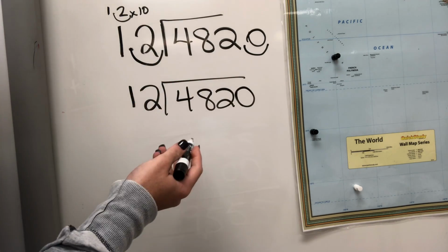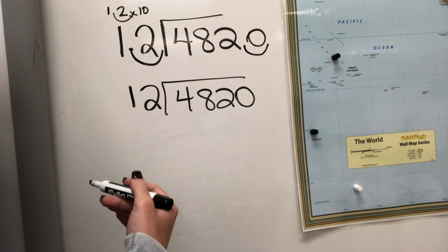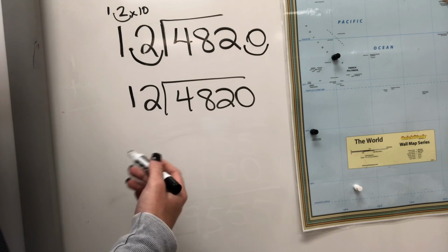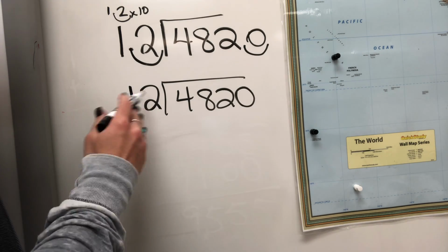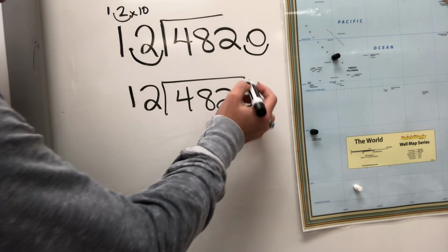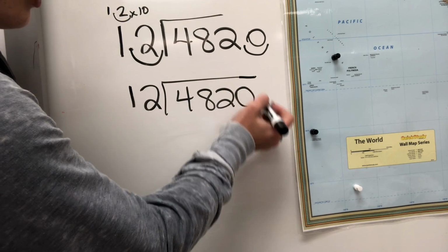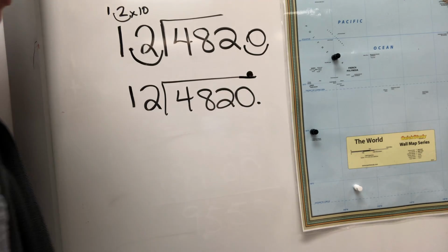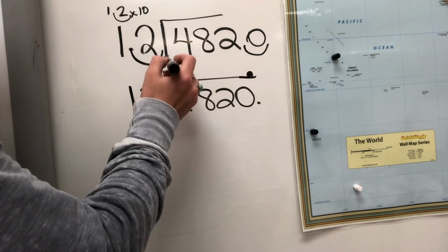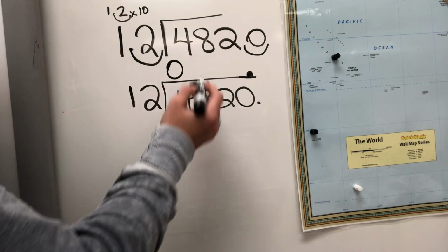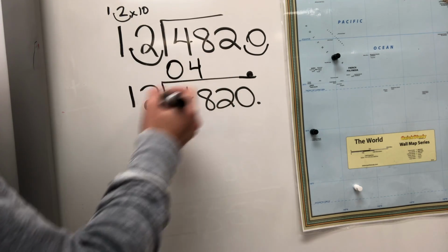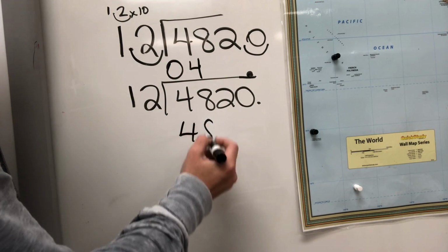And this, just like multiplication, once you've set it up, you solve using the standard algorithm. Something important that we don't want to forget is that as soon as we rewrite it here, we want to go ahead and bring up our decimal to where we moved it. So I know my decimal is going to be here in my answer. So no number times 12 gives me 4. 4 times 12 gives me 48.